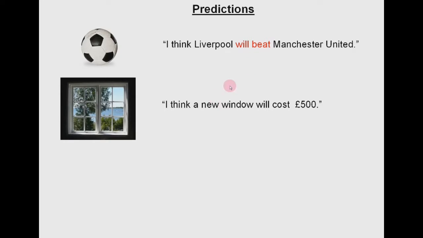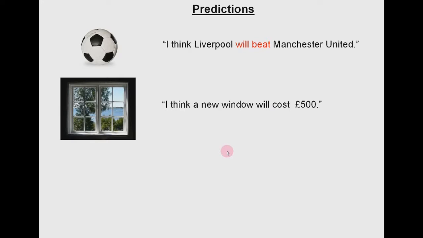So again, this is talking about the future. Now, we use the future simple to predict the future when we aren't completely certain, when we aren't really sure of the future. Okay? So we're not certain, but we think that this is the situation. So this is the future symbol here, will cost.